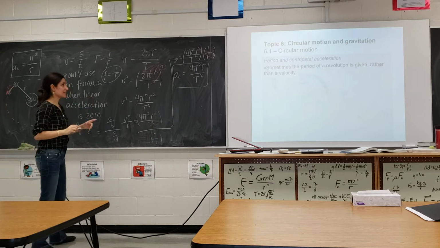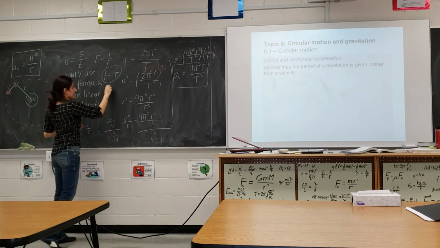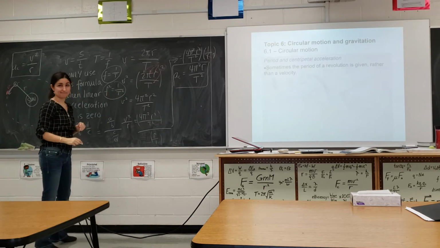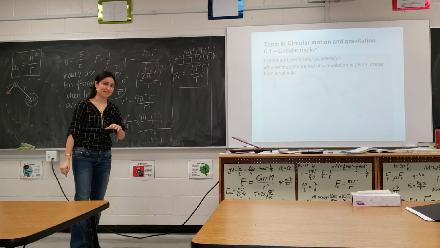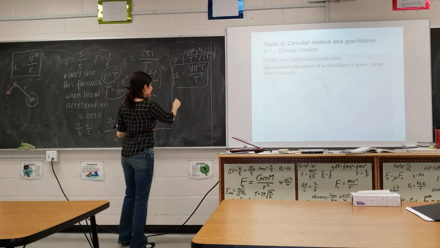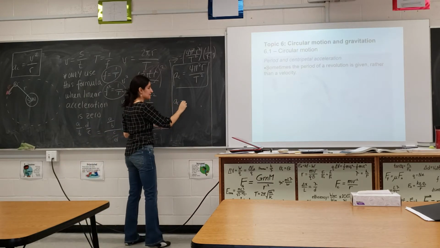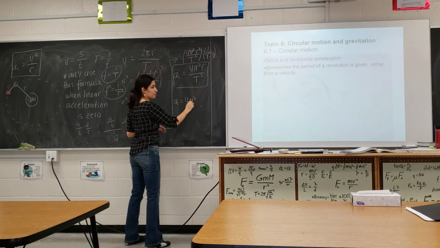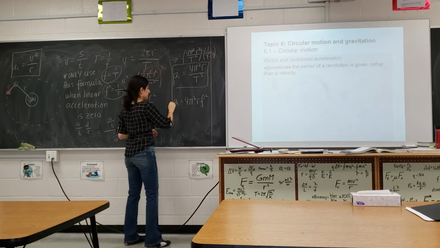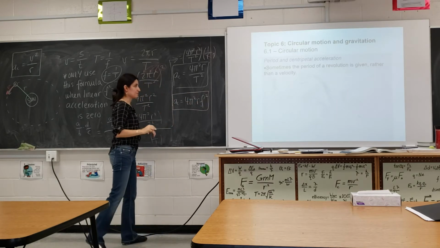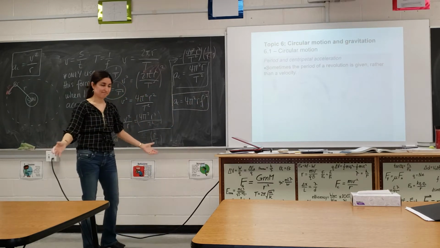Then f squared I can rewrite as 1 over T squared. I have 1 over T squared there, just with a constant in the top. So I can rewrite this as 4 pi squared times r times f squared. So these two formulas are one and the same.